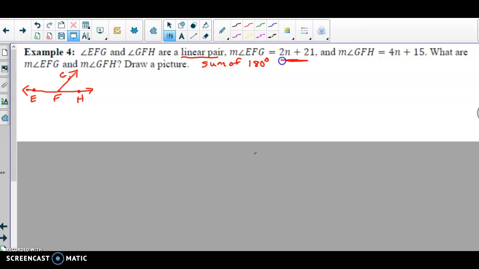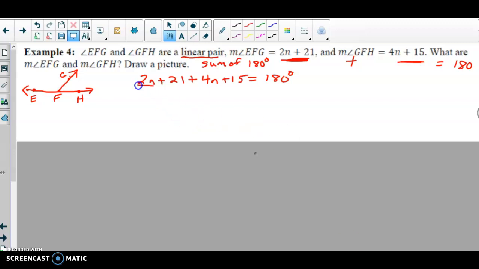So that means this amount and this amount added together will equal 180. So that's going to be your equation. 2n plus 21 plus 4n plus 15 equals 180 degrees. Why don't you pause the video and do the algebra and then come back and check your answer.